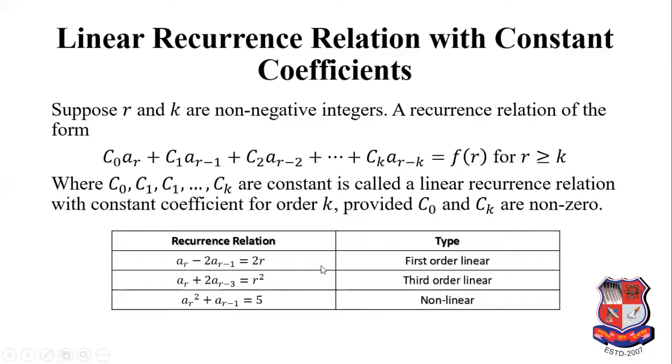So ultimately we'll get first order. Similarly, we can say that the order of the second recurrence relation is 3. The third one is first order, but it's non-linear because of the particular term AR square. So the last equation is not linear, it's a non-linear recurrence relation.